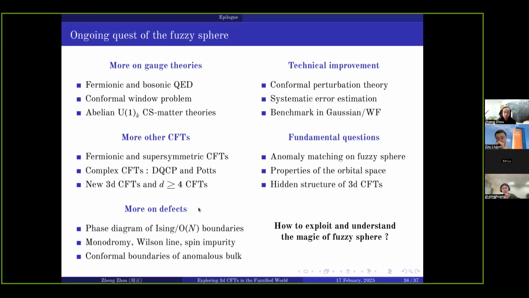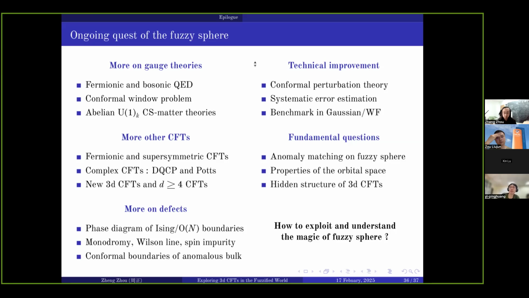The second is the conformal flatness of the manifold, which enables us to make use of the properties of the CFTs on flat space-time, for example, the state-operator correspondence. I'm not so sure about the algebraic structure on the fuzzy sphere.